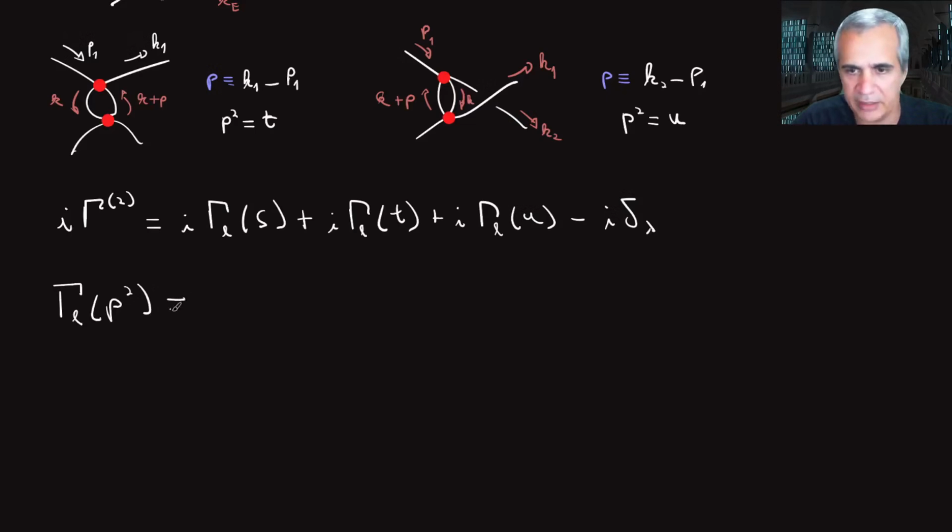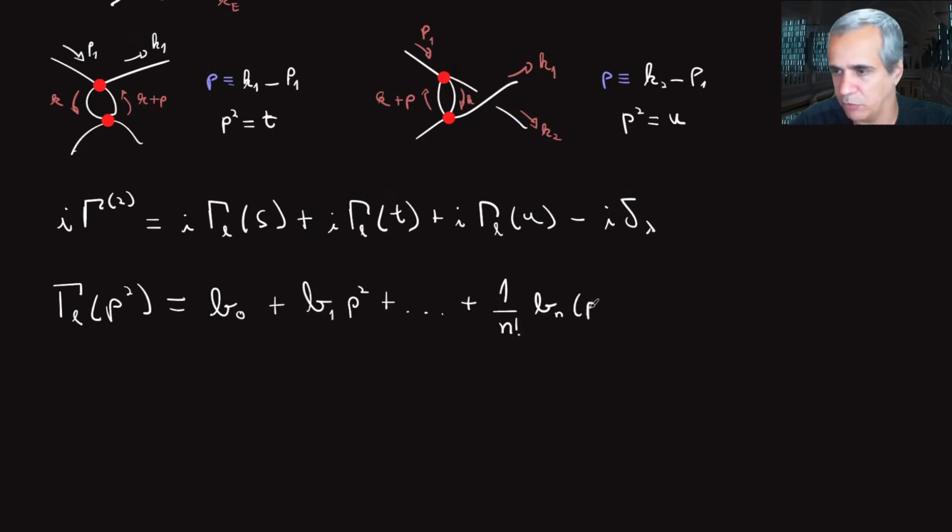I can write this guy in terms of a series of coefficients times powers of p squared. The variable is p squared in the expansion. So let me write a generic term here, Bn p squared to the n power.